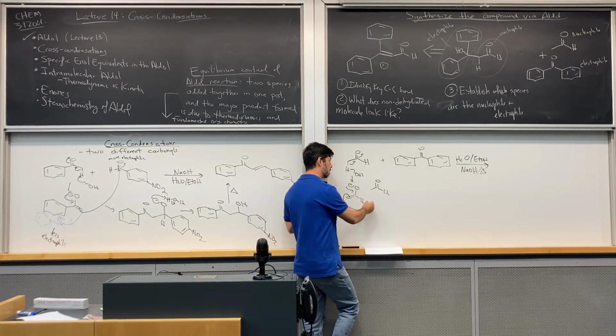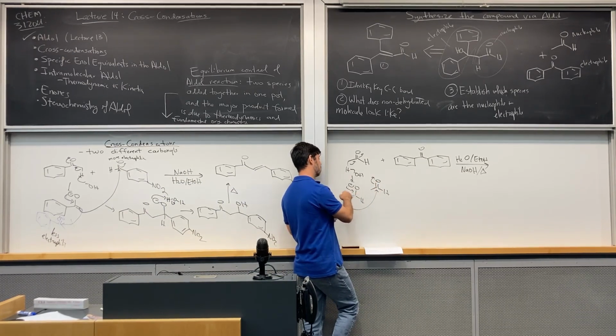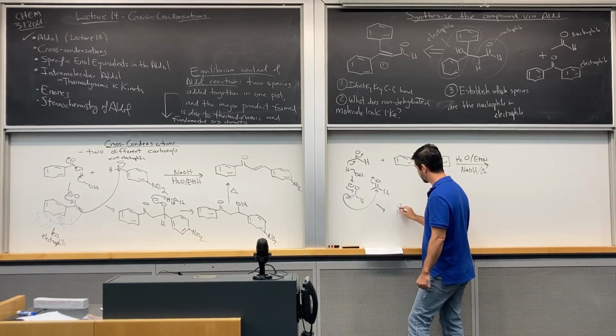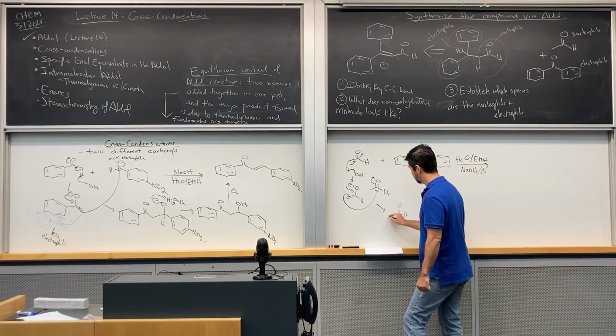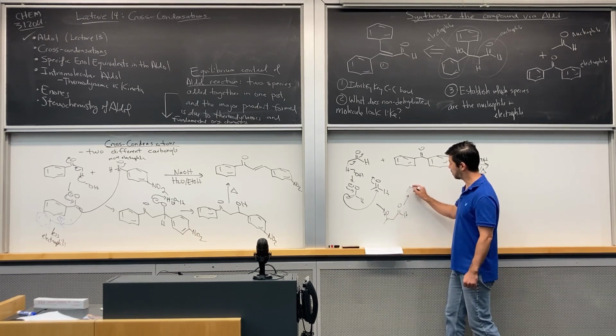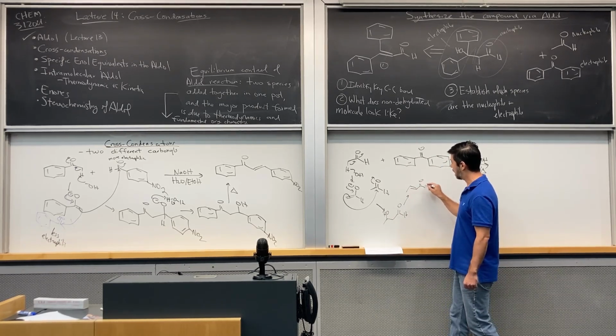So before you can even try to convince this to react with benzophenone, unfortunately this will react with a molecule of itself to generate this, and then this will dehydrate to form that.